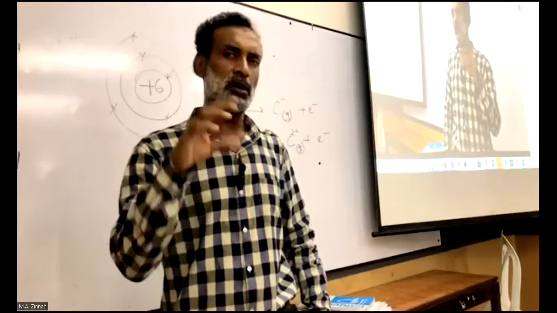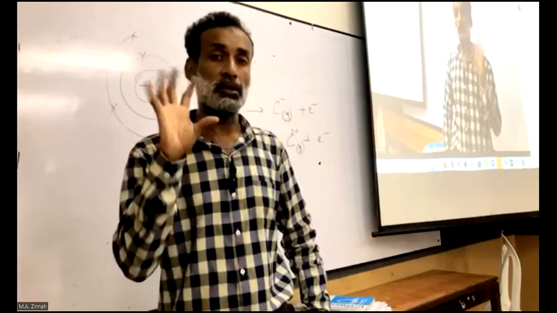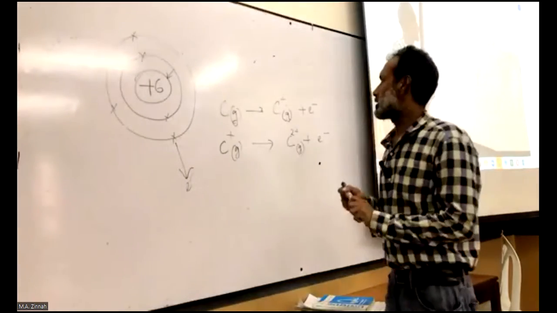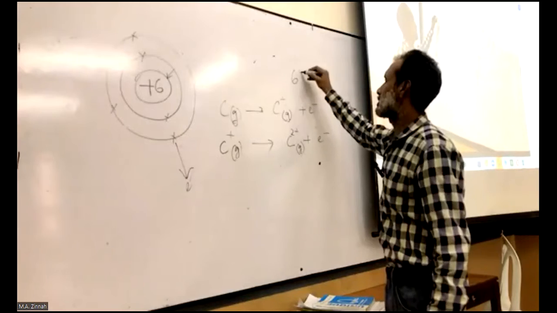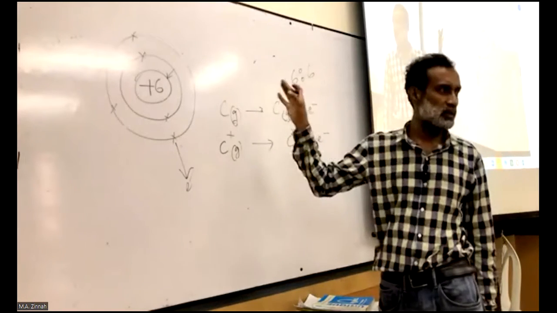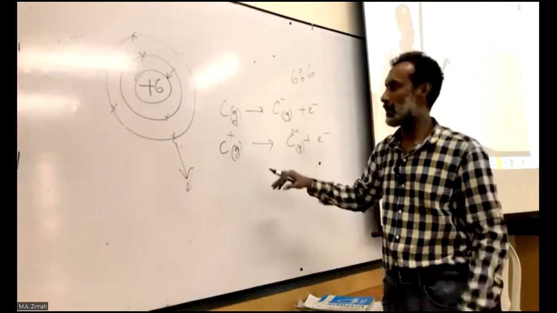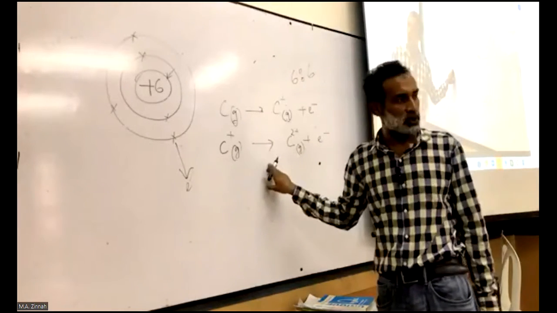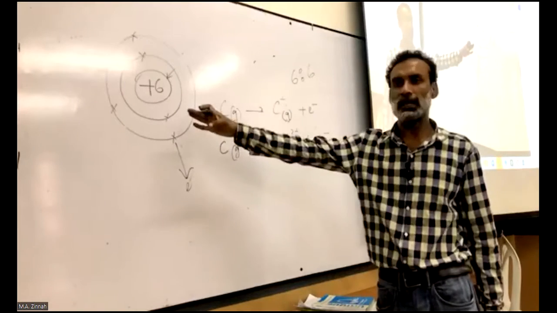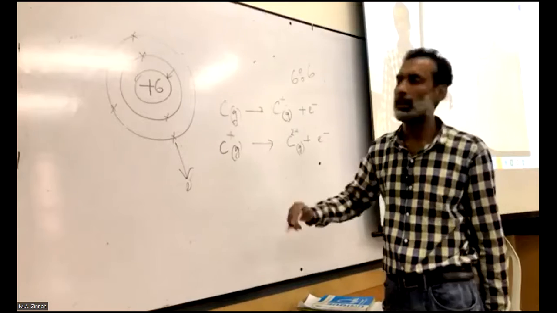Look at the attraction. +6 nuclear charge attracting 6 electrons, right? Now, what is the ratio here? 6 to 6, +6 and -6, or 6 protons, 6 electrons. That's the ratio. And during the second ionization energy, you still have the +6, right? +6 is still there.